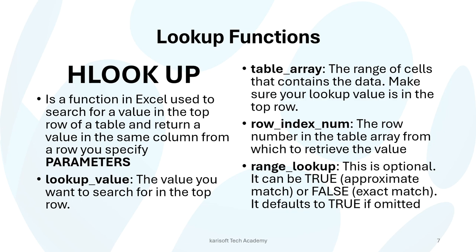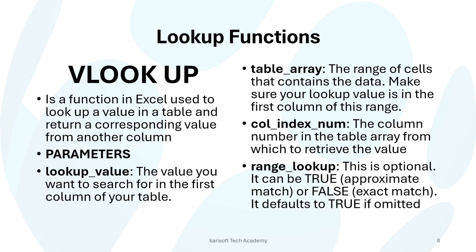You're going to see this shortly. Then I love this one, the range lookup. If you want the value to return an approximate, you type TRUE. If you want to return the exact match, then you type FALSE. But if you don't specify TRUE or FALSE, it defaults to TRUE.